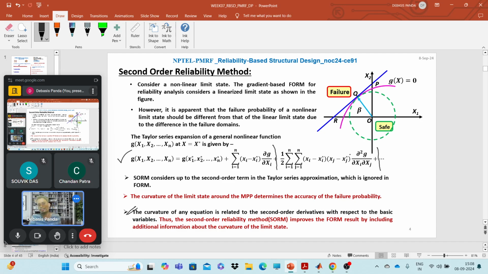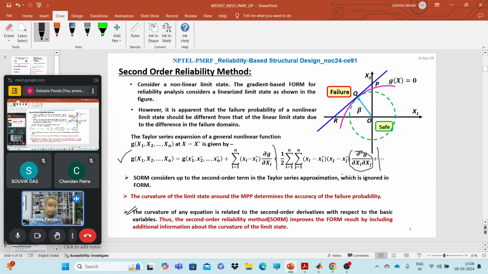That means eventually when we incorporate the second order derivative term in the calculation of the probability of failure, obviously the second order reliability method will give better results when there are nonlinearities.